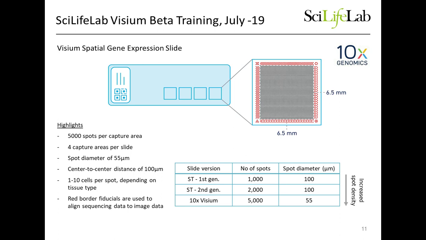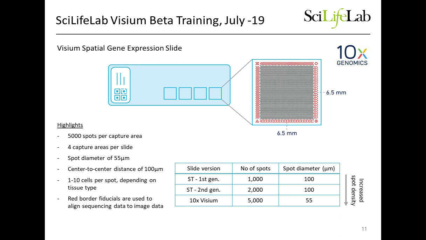Hanna will continue on the topic of melanoma shortly, but first I will switch focus to 10x Visium, which I got the opportunity to try out in July this year as a part of their beta program. What you see here is a Visium slide and some specifications. As I already mentioned, the capture areas have 5,000 spots, and there are 4 capture areas per slide.